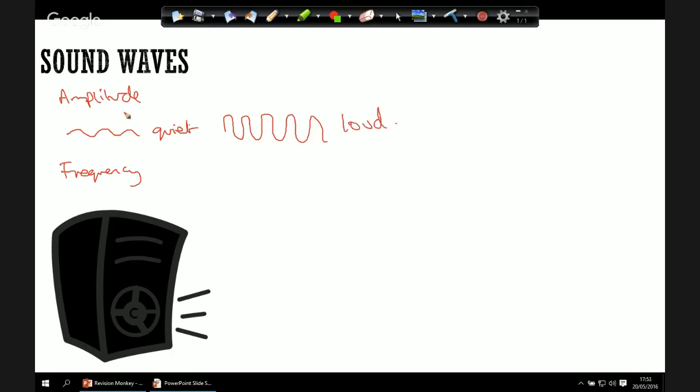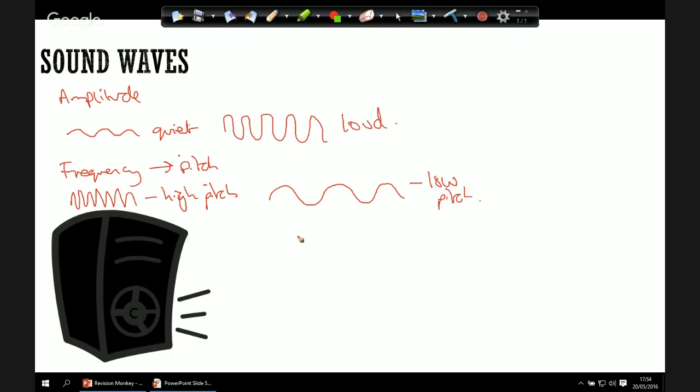So the amplitude tells us whether the sound wave is quiet or loud. With frequency, this tells us the pitch. So with a high frequency, this means high pitch, and with a low frequency, this would mean low pitch, so a lower sounding sound.